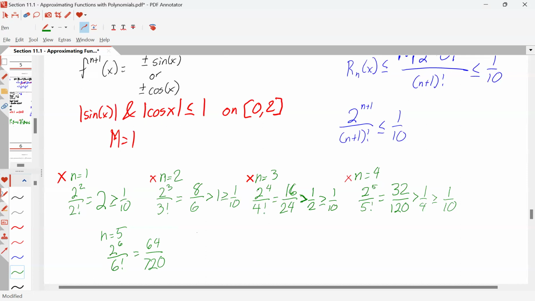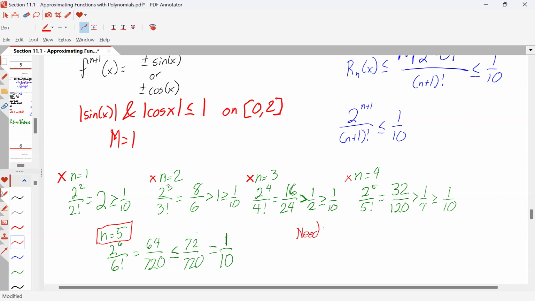Don't know what that is exactly, but I know 72 over 720 would be 1/10. 64 over 720 is smaller than 1/10, because it is smaller than 72 over 720. So n equals 5 works.